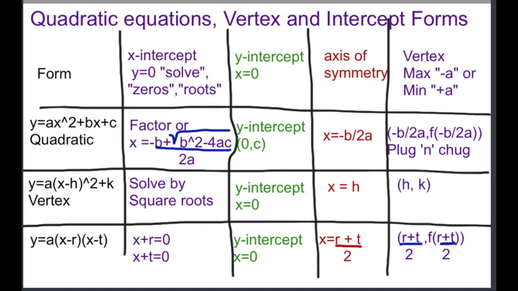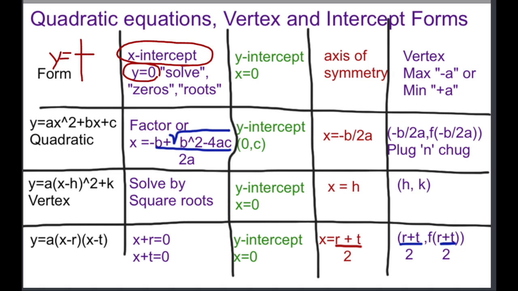You will notice here that I've divided this into four main columns. The first is how to find the x-intercept, which means y equals 0, which is of course the equation of the x-axis.